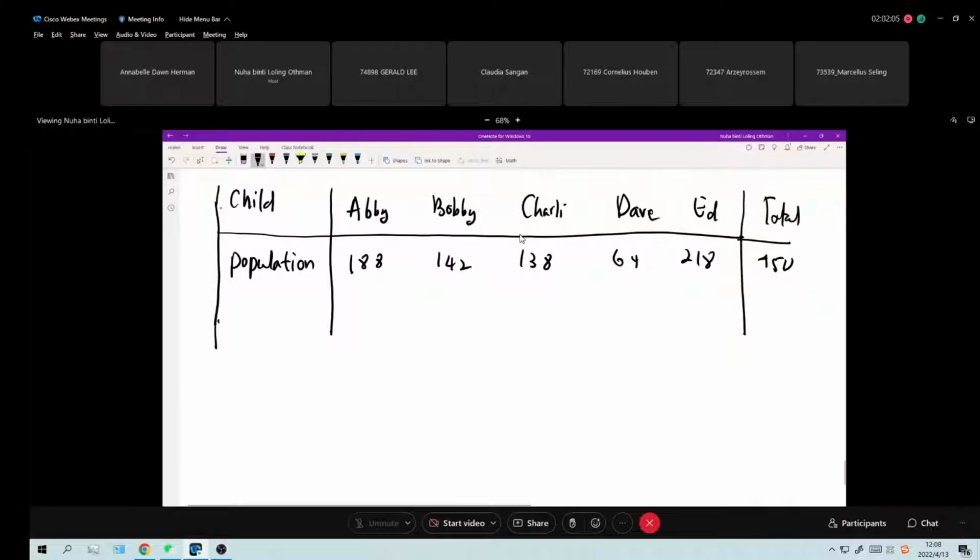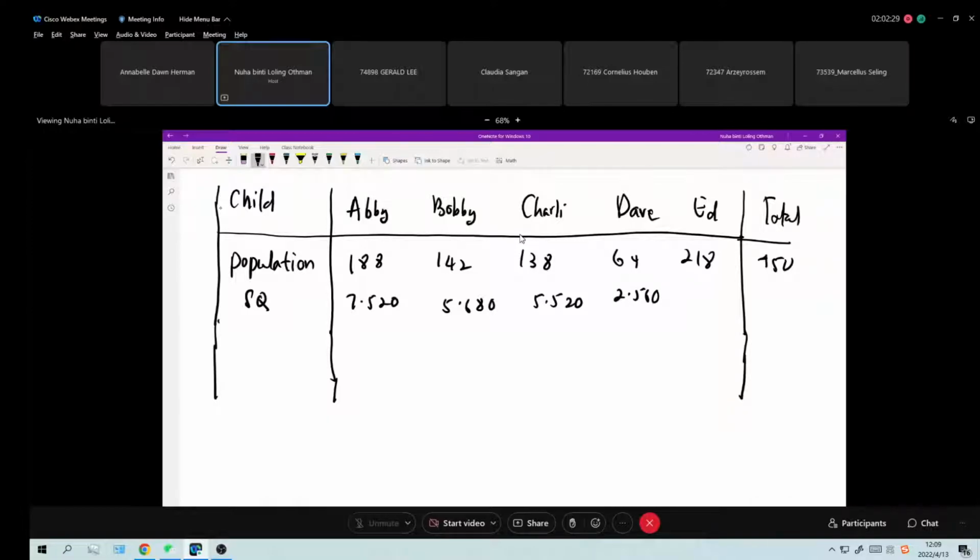This is Alabama. So the standard quota: the standard divisor is fine. This one is 7.520, this is 5.680, this is 5.520, 2.560, and then this is 8.7. So it gives you 30.